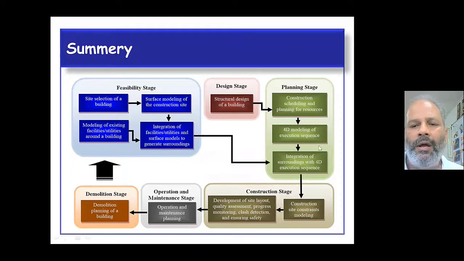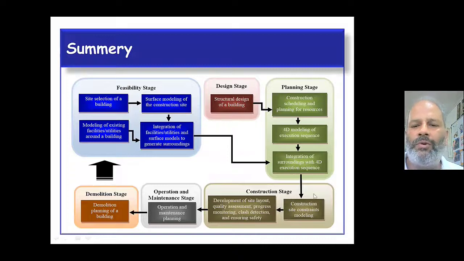Whatever that 4D modeling or sequence is, it is seen along with its surrounding. We can design also in some software, but at this stage we have the execution sequence along with its surrounding. Then we can model some site constraints which every site offers.